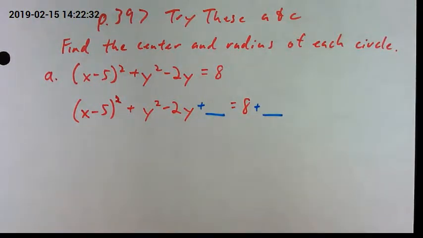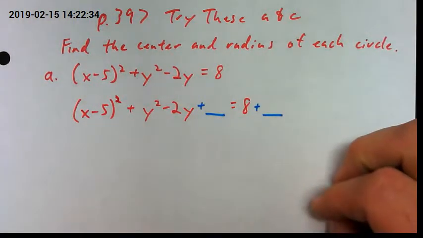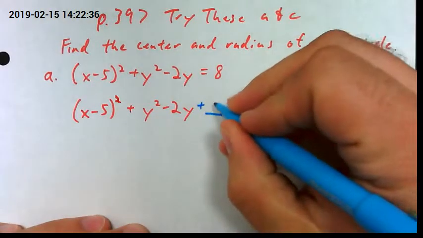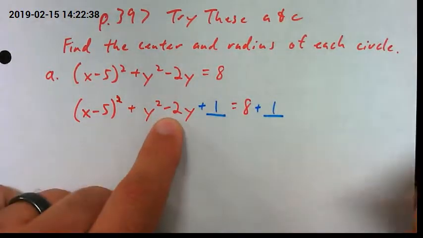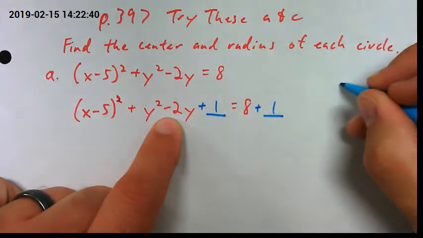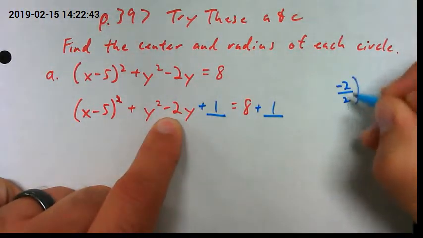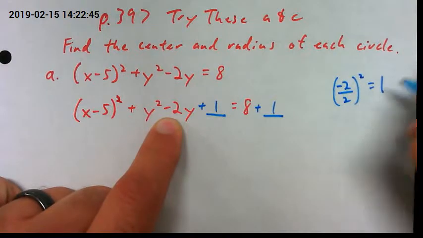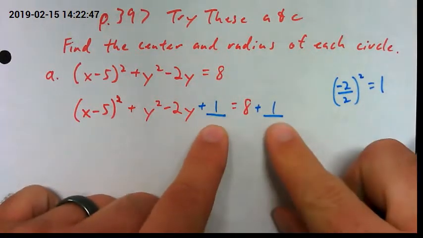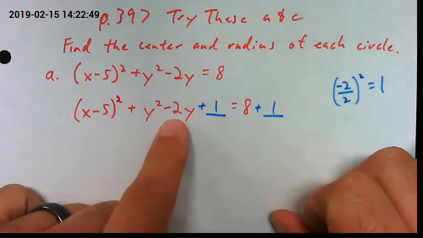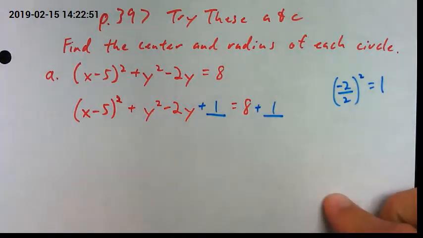What number do we actually have to add in? 1. How'd you get 1? Divided by 2 and square. Yeah, we took the 2, divided by 2, and squared it, which gave us 1. That's where we got that number from.